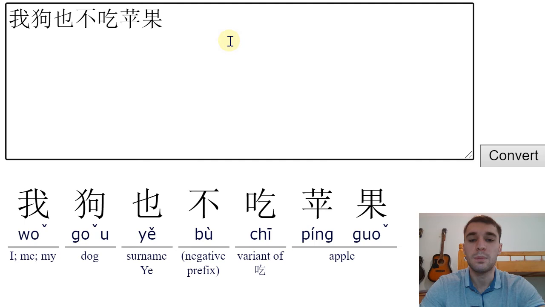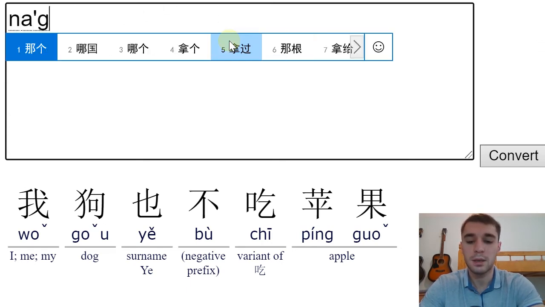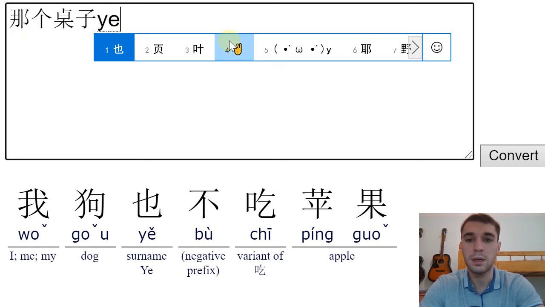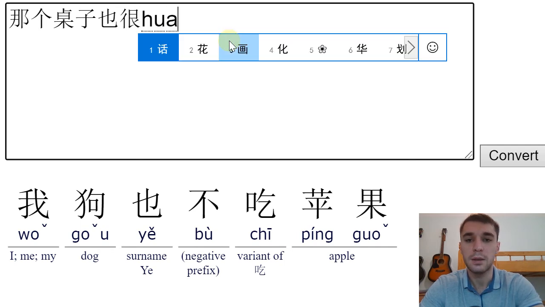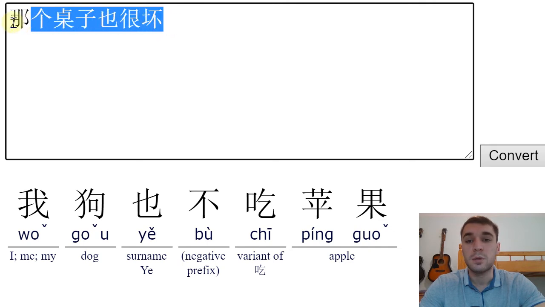That table is bad too. Okay, how to say it? 那个桌子也很坏. So this is the next topic.